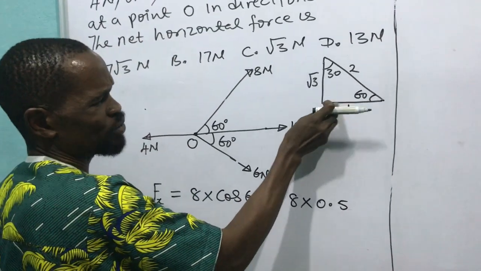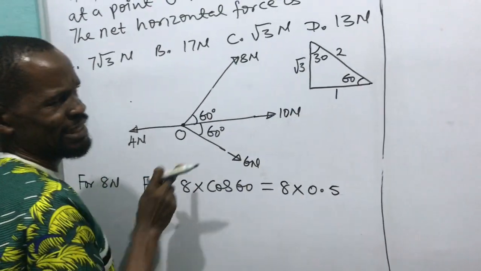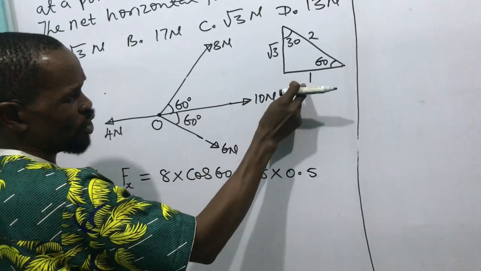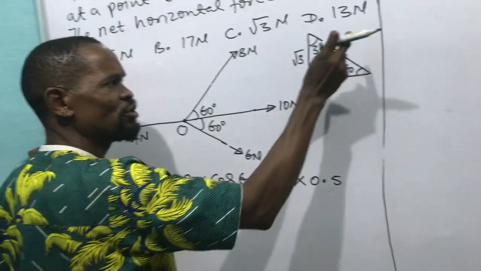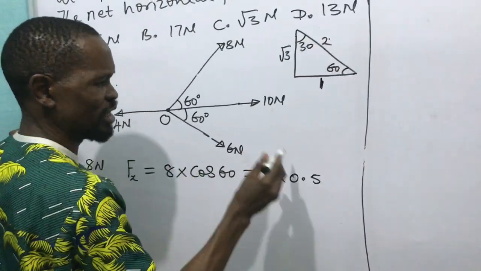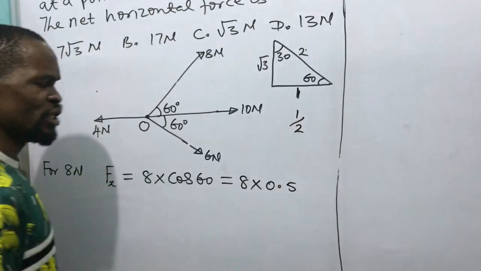Cos 60 is adjacent over hypotenuse. Adjacent, which is 1, over hypotenuse, 2, gives me half.